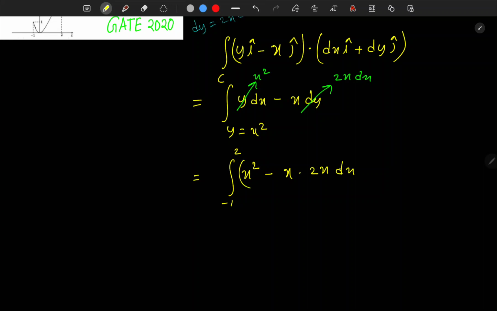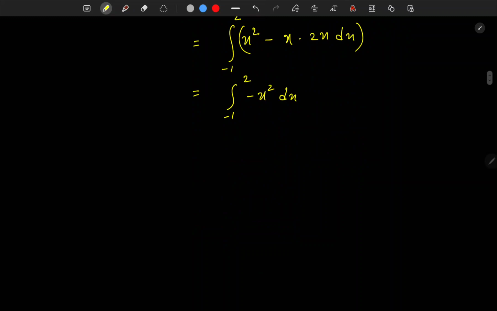So finally what you will get here is the integral from -1 to 2 of minus x square dx. If you solve this integration, you take -1 common, and this will be x cube upon 3 from -1 to 2.